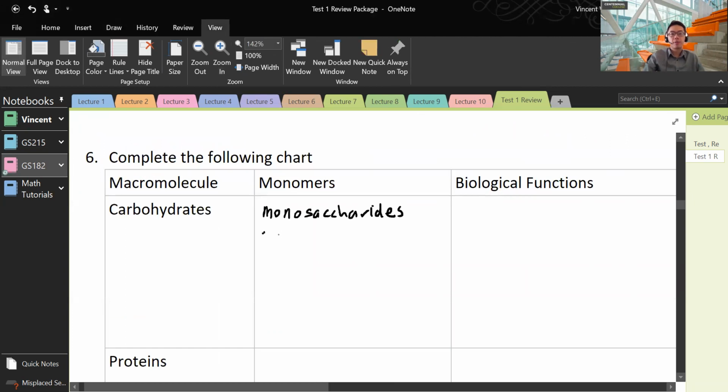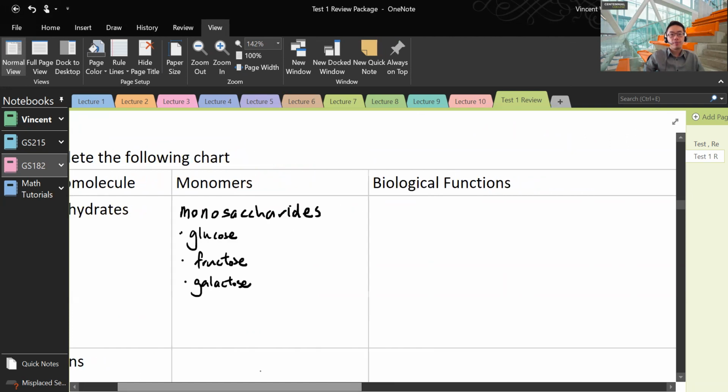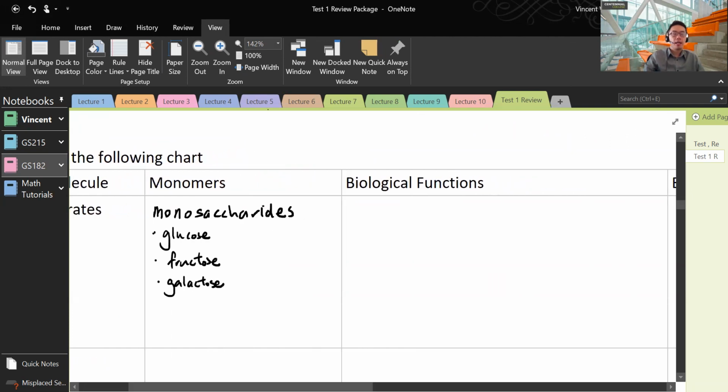And the types of monosaccharides we talked about in the class include glucose. Okay. There is also fructose and galactose. Okay. So these are the monosaccharides that we have.